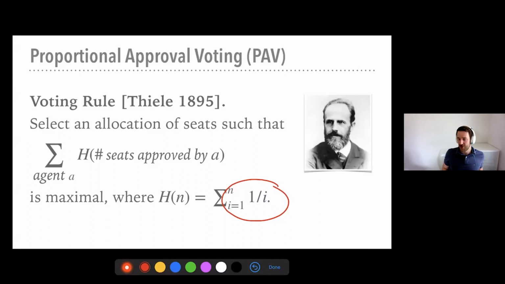It's also true that none of those rules are strategy proof. There's a very natural thing to manipulate, which is approving fewer parties. It's more natural in the candidate world, but in the party setting it corresponds to approving fewer parties to concentrate your votes on those that you like most.